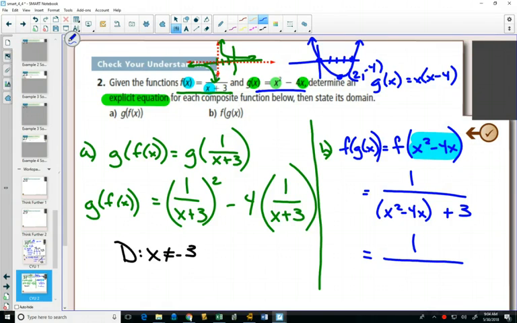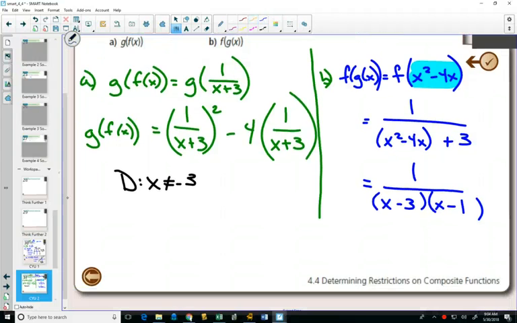I would need to factor. So if I factor the bottom, x minus 3 times x minus 1, I can determine my domain: x can't equal 3 and x can't equal 1. But x could be anything else.